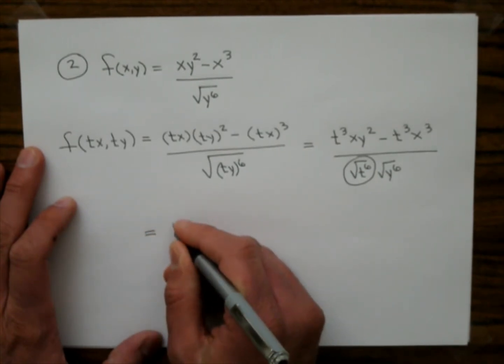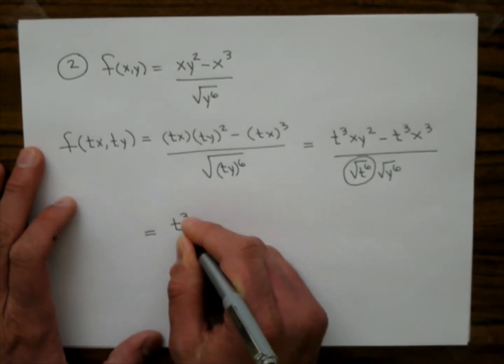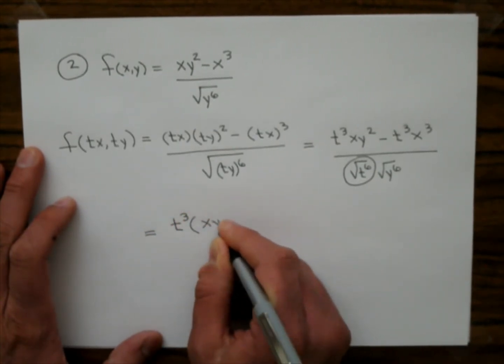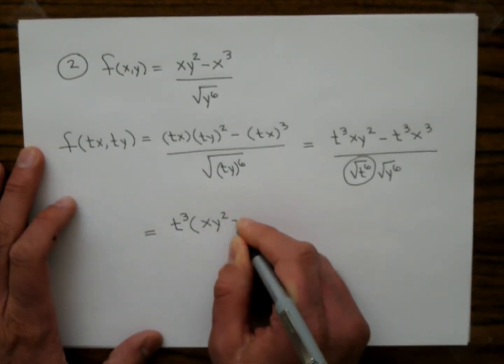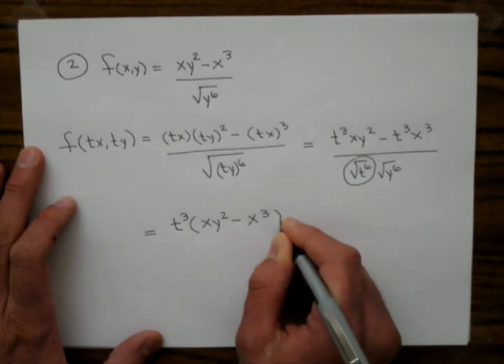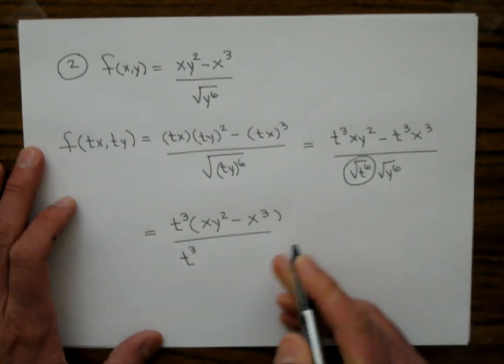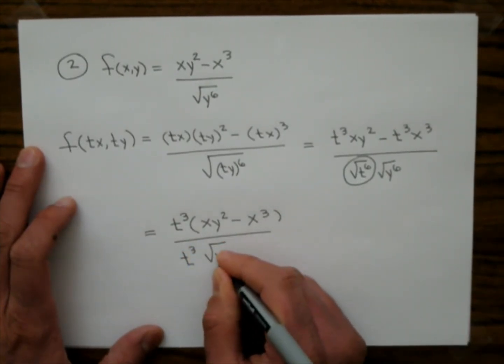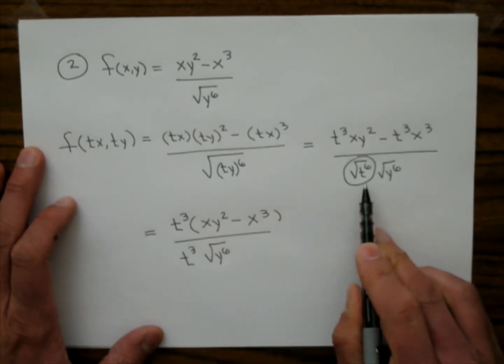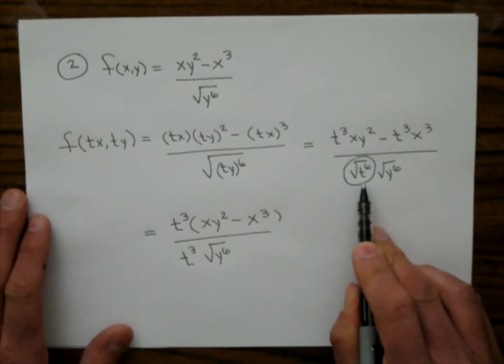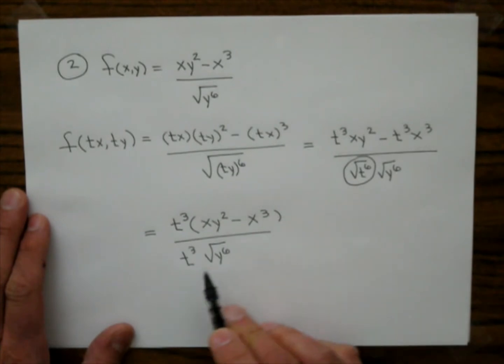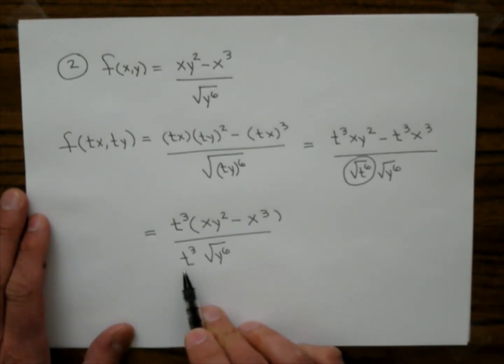Okay, so on the top I'm going to factor out a t cubed, and on the bottom I have that t cubed from there. And then this is the square root of y to the sixth. You might remember that if t is any real number, then you would have to have the absolute value of t cubed. Or you might not remember that.